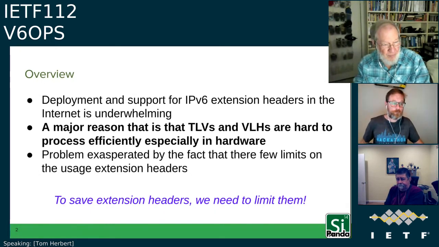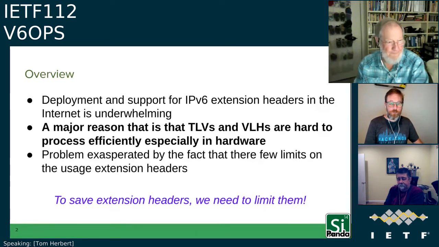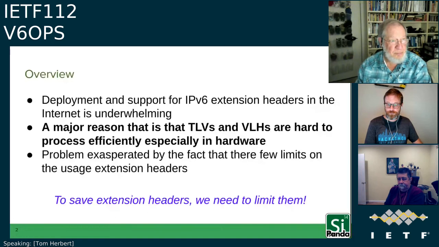So you could actually put like 300 or 400 unknown hop-by-hop options in a single packet. And obviously, if a router or even an end host tries to process that, it's going to take a long time. And clearly, the only purpose of putting 300 options in a single packet is denial of service. So I believe we need to limit them. And considering the last talk, these are a little more general limits.